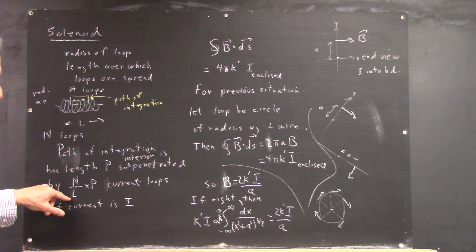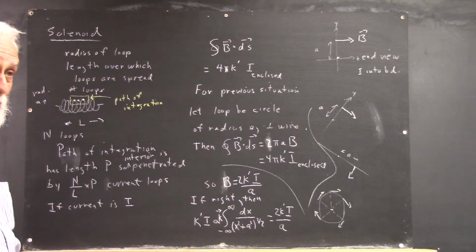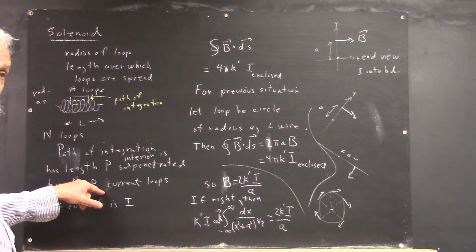Understand, if we do the number per unit length times the length of the path, we get the number of loops.